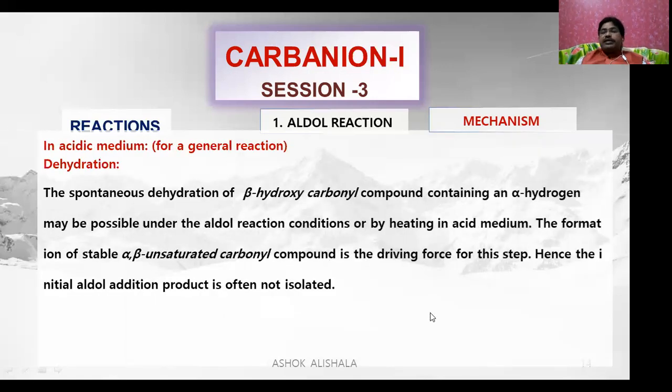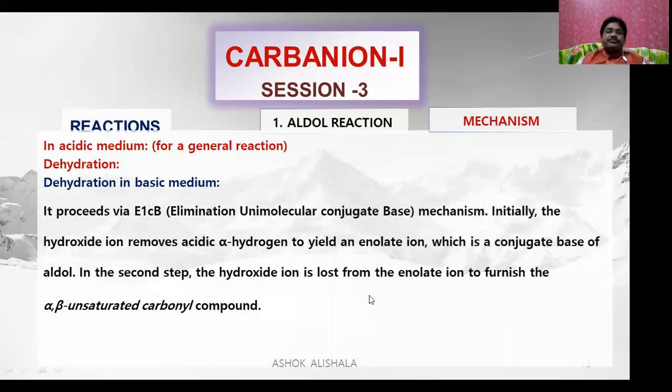After forming the beta hydroxy carbonyl compound, spontaneous dehydration of the beta hydroxy carbonyl compound containing an alpha hydrogen may be possible under the aldol reaction condition or by heating in acidic medium. The formation of a stable alpha beta unsaturated carbonyl compound is the driving force for this step. Hence, the initial aldol addition product is often not isolated.